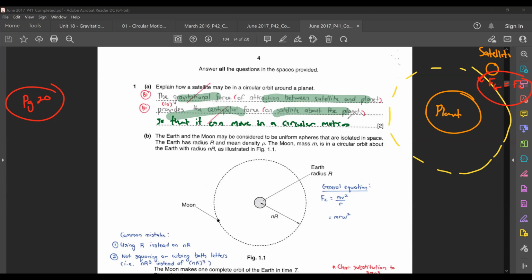Oh yeah, another thing I probably should mention to you is this. Sometimes when you see my written answers, you will see certain phrases that are in round bracket, like this one here, as well as this one here. Now, the statements in round bracket are statements that don't carry marks. I'm following what the marking scheme wrote.